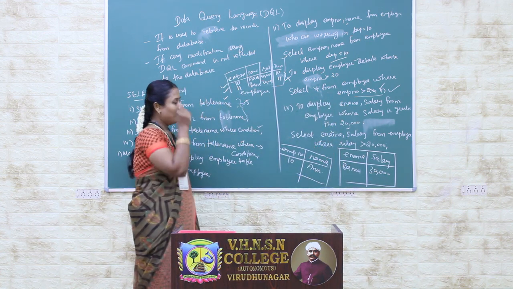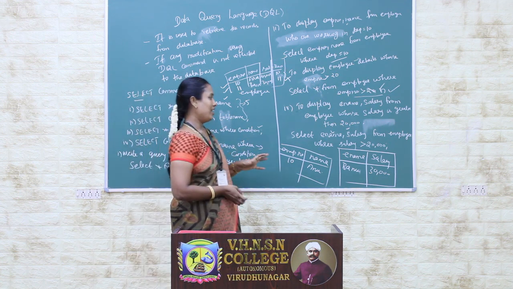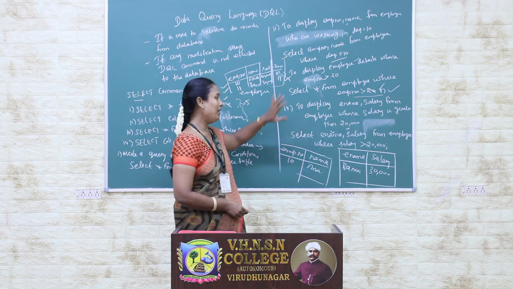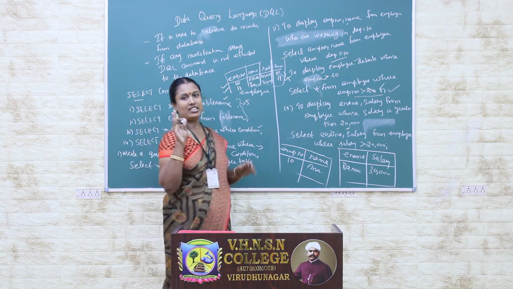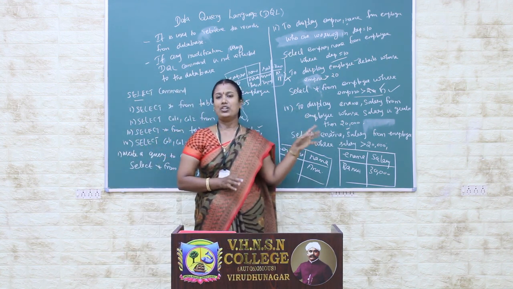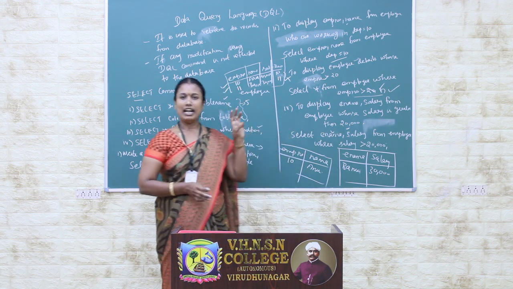We can add more constraints to the where condition. For example, here I mentioned only one simple condition. If you want to add more conditions, that is also possible. In the where condition you can use the logical operators. What are the logical operators? AND, OR.